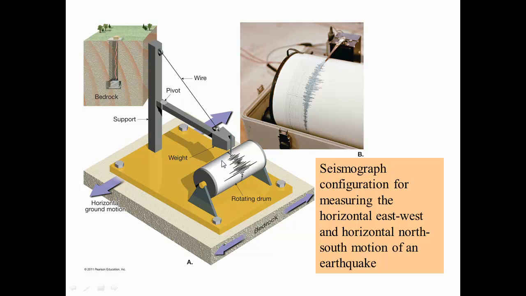And notice that the pen touches upon a slowly rotating drum that's wrapped with chart paper. So in this configuration, as the ground shakes, as the horizontal component of the ground's motion occurs, this in turn will be recorded by these squiggles on the chart paper.